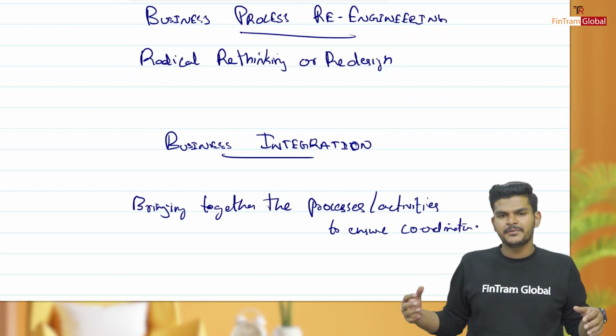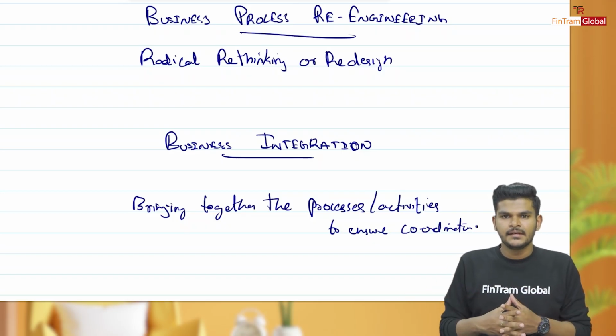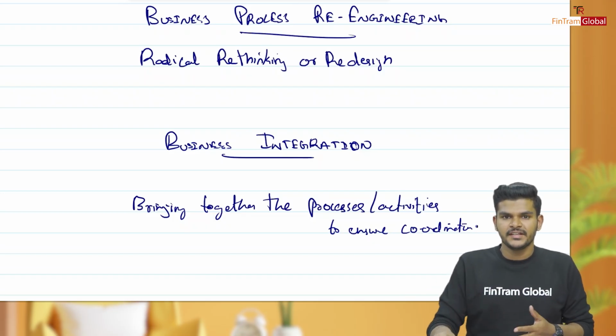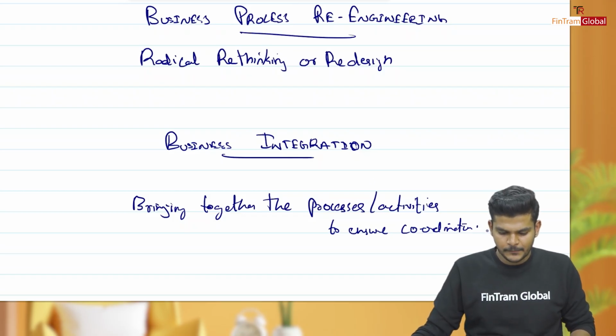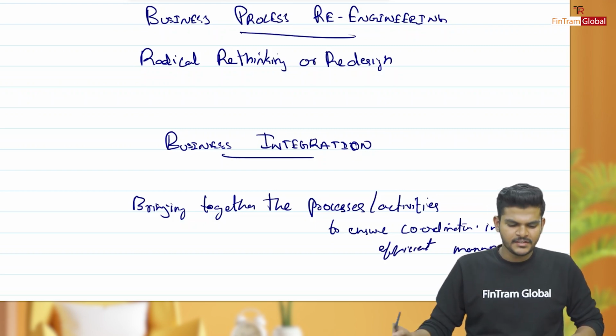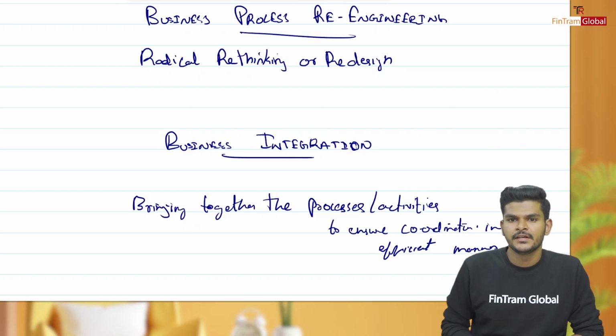We're just bringing together certain activities so that things are more efficient and we can ensure that everything is coordinated in an efficient manner. So this is what business integration is all about.